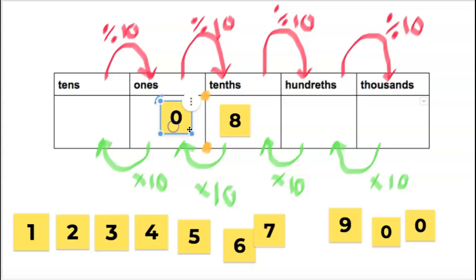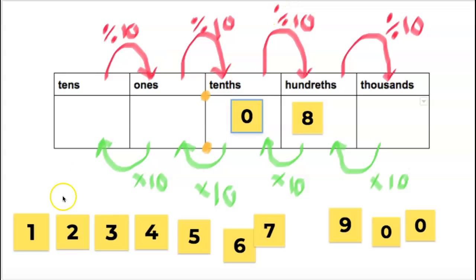When we do that, we get 0.8, okay, which is 8 tenths. So when you multiply the hundredths place by 10, it moves to the tenths place. And again, if we were to divide it by 10, we would just move one place this way, and it would go back to where it started, which is here.